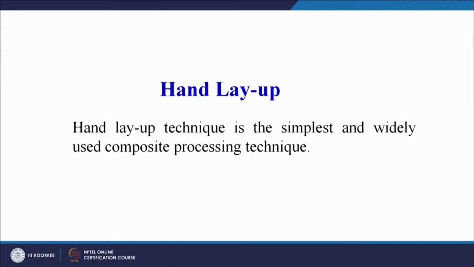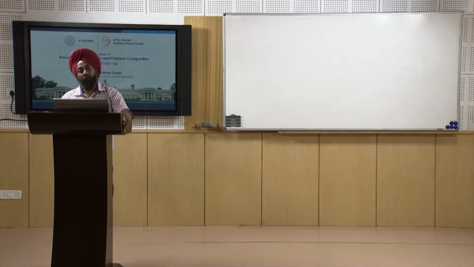So the hand layup process is the simplest and most widely used composite processing technique. Here the size of the job, the size of the product does not matter. It can be as big as a boat, or a marine boat. It can be as big as a tank, an overhead water tank.